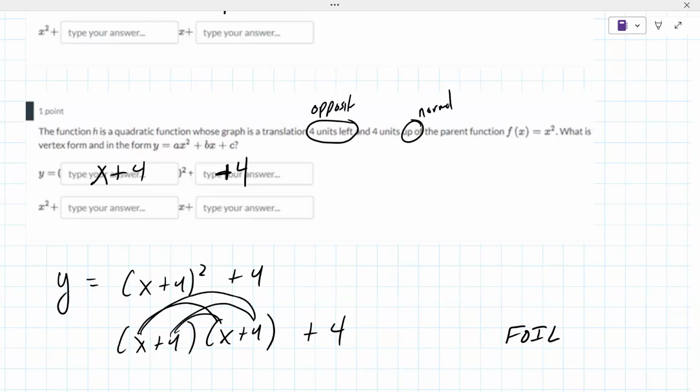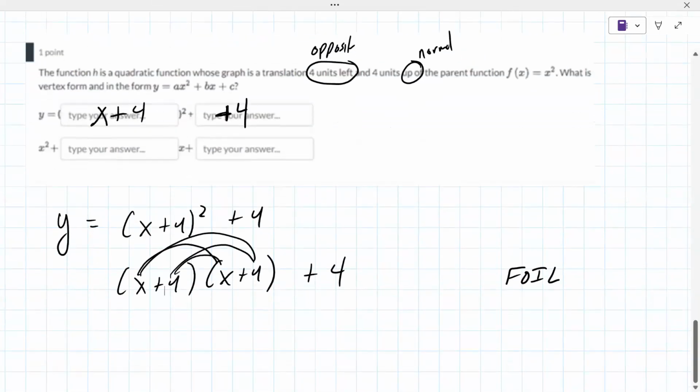You could get something like what you see on the screen here when you're done foiling. Okay, excellent.